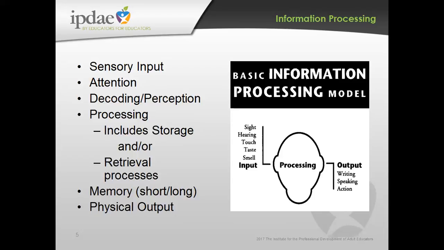Memory is in storage or retrieval, and it can be short-term or long-term. Then it comes out the other end as output, either something written, spoken, or an action. So that's the process of information going into the brain and coming out as output.